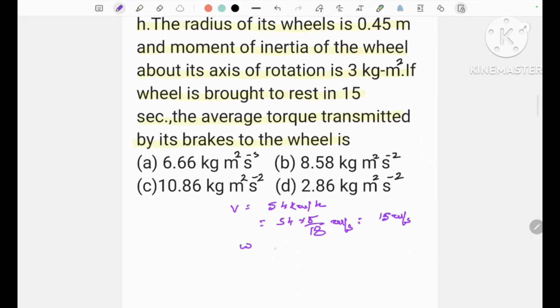Rotational angular velocity will be v by r or 15 by 0.45. 15 by 0.45 into 100, the decimal goes away, 100 by 3 radian per second.